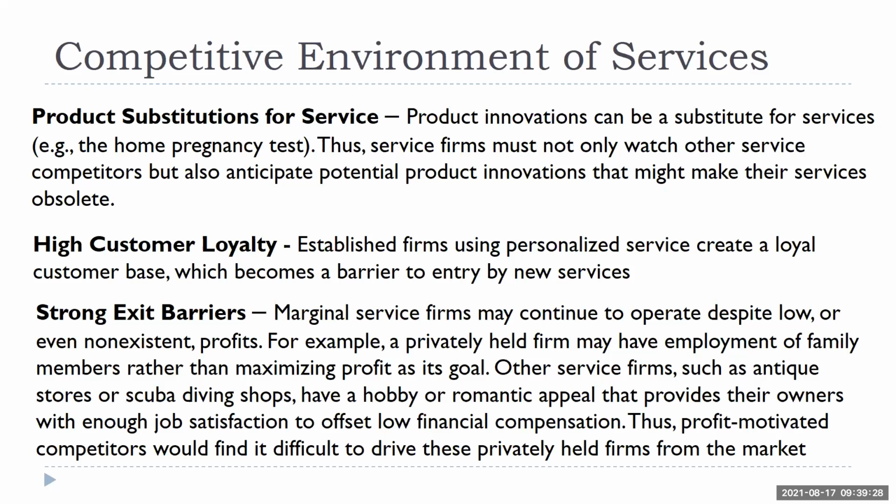They prefer to go to a regular doctor. He might not have all the world-class facilities or the biggest equipment, but people still go there rather than to a bigger hospital. That is the meaning of high customer loyalty, because of these implicit services, that personal touch, that interlinking between who is providing the service and who is getting the service, right?